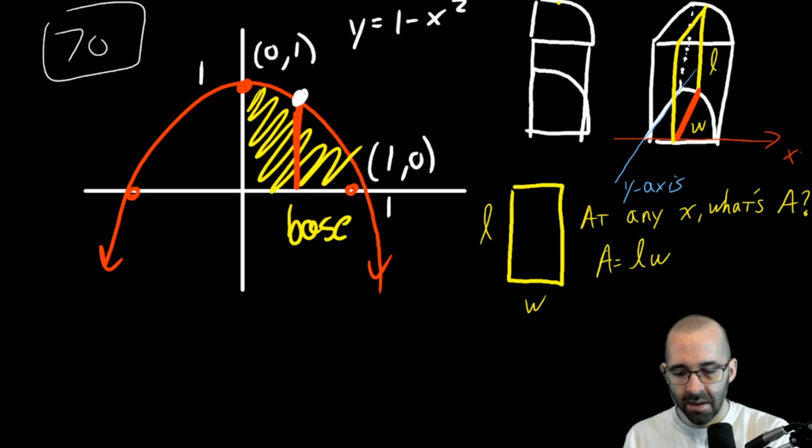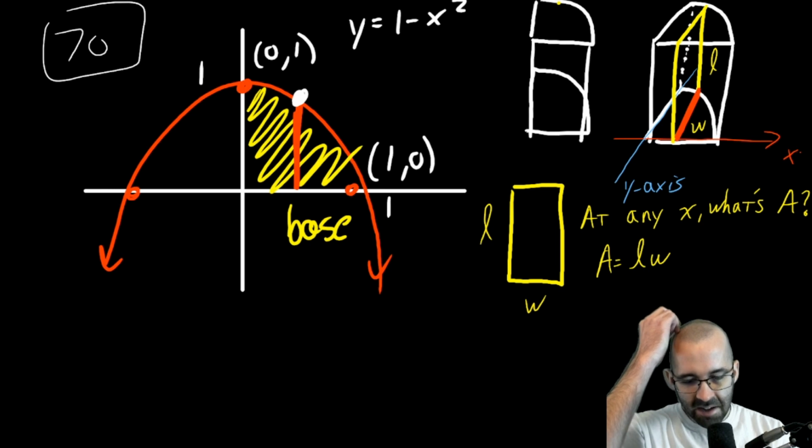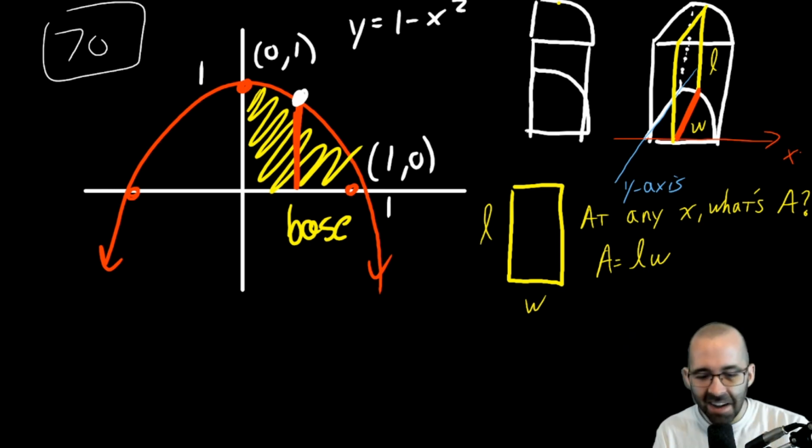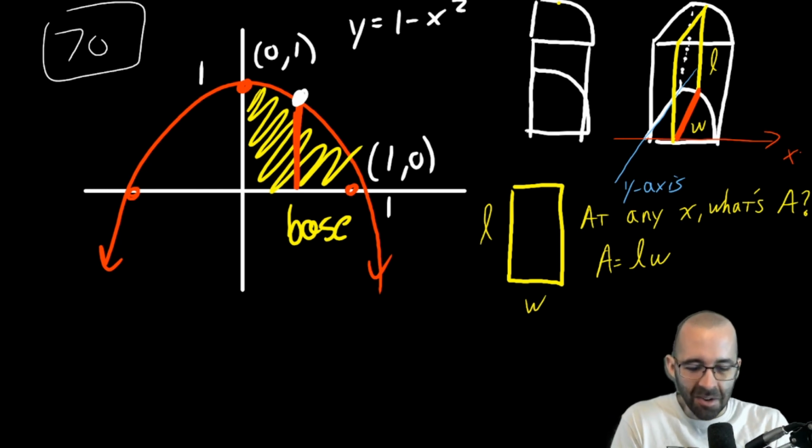Oh no, that is what we want. We did set it up right. The height is 1 minus x squared. No, we didn't. The height is y. Yes, we did. The height is just y, is just the y coordinate, which is 1 minus the x coordinate squared.